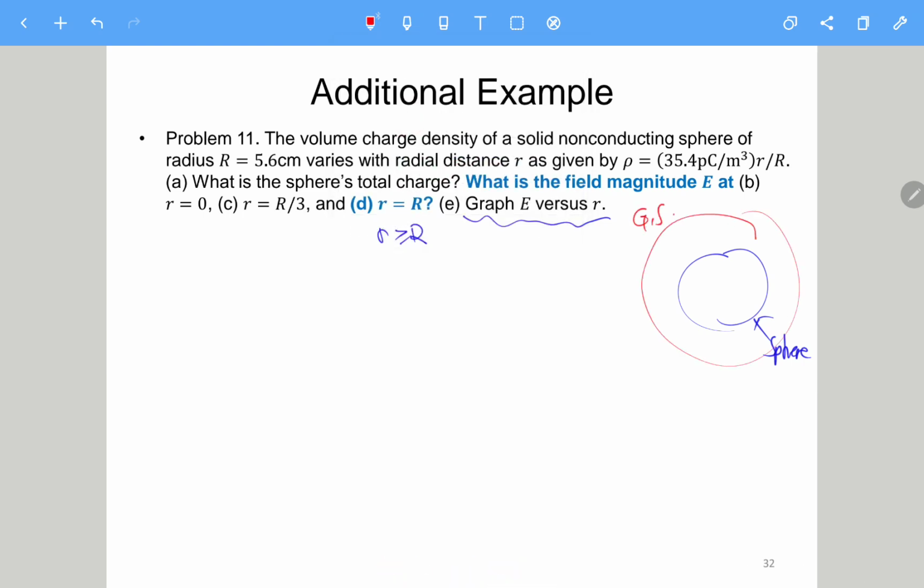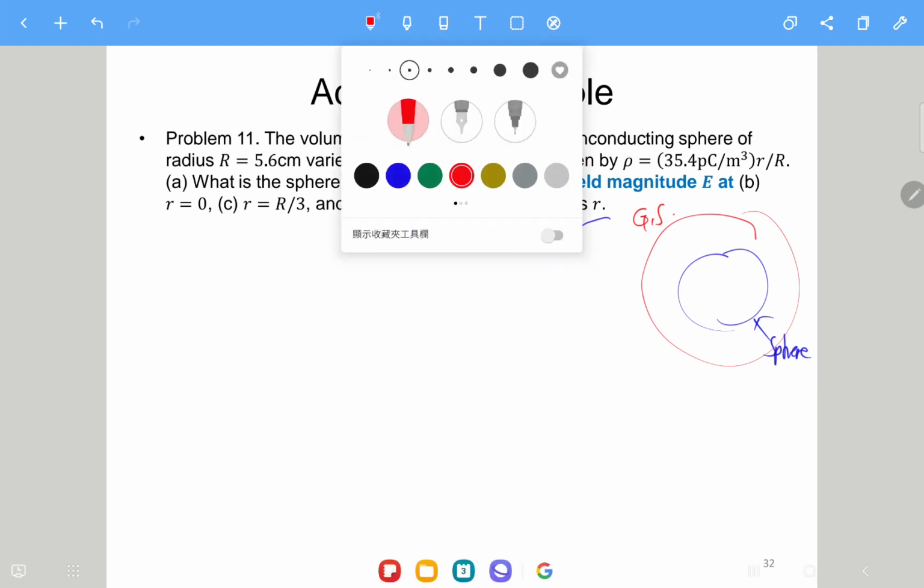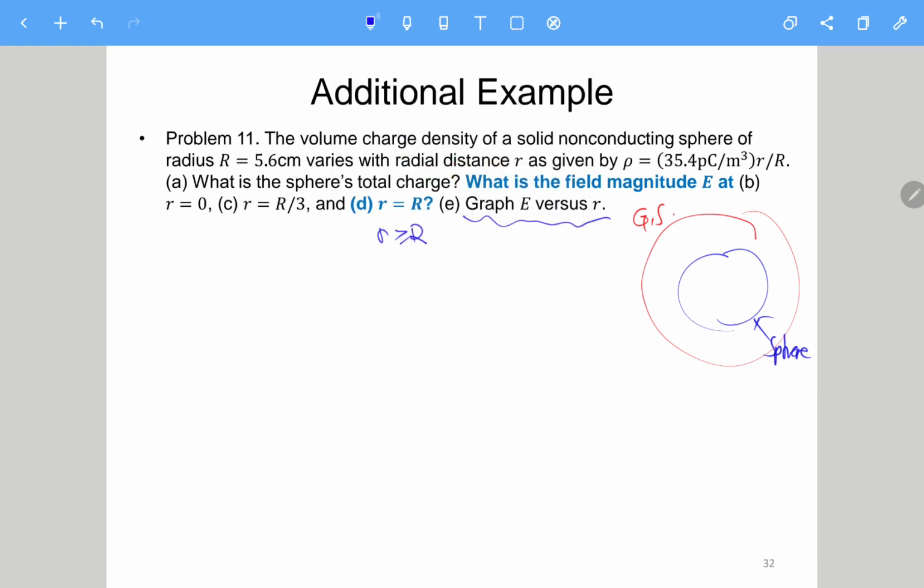So this is the Gaussian surface for this part. Q enclosed, we don't need to calculate again because this is the capital Q we calculated at question A. We already know capital Q.